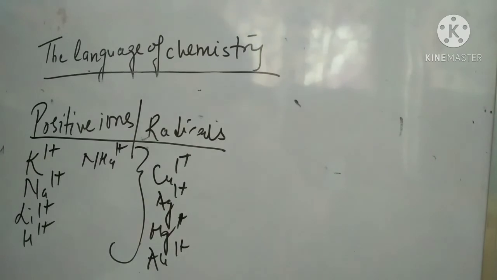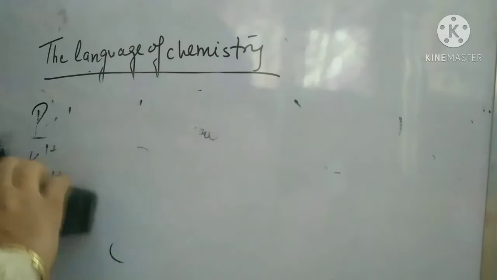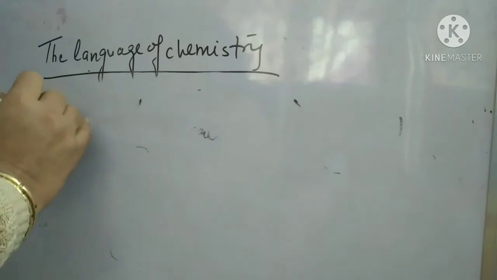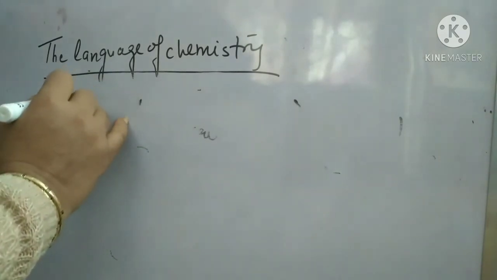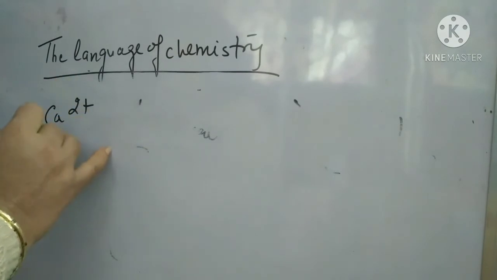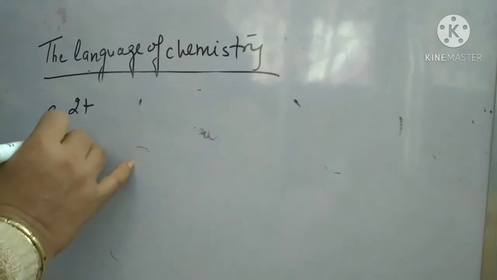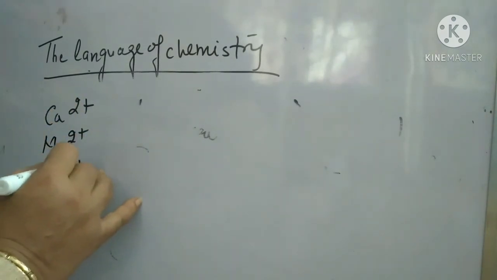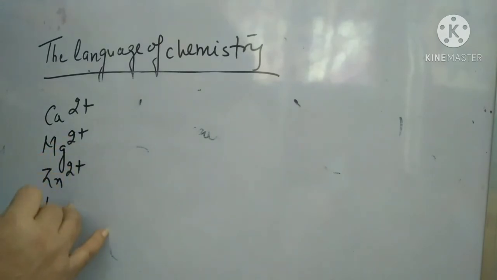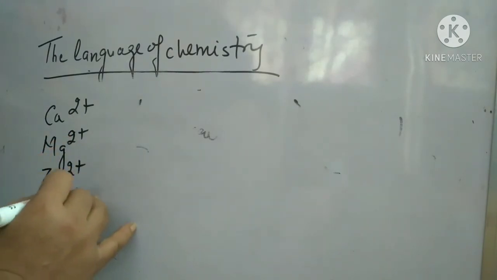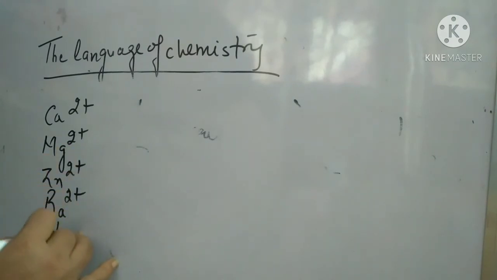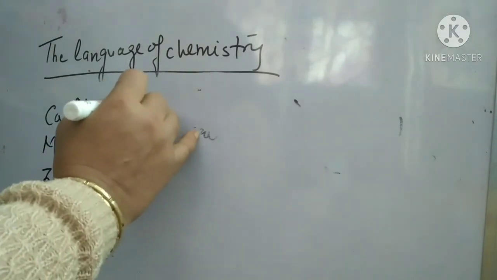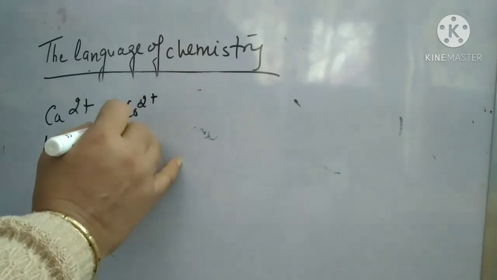Now coming to divalent elements. Divalent elements, for example, we can take calcium, that is Ca2+, magnesium Mg2+, zinc Zn2+, barium Ba2+, nickel Ni2+, cobalt Co2+, uranium U2+.